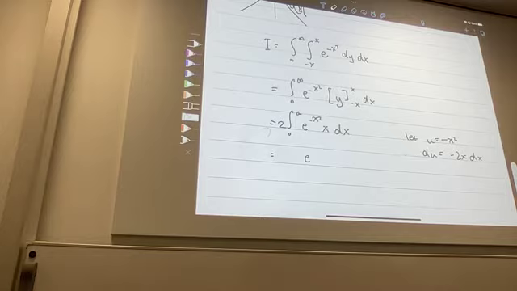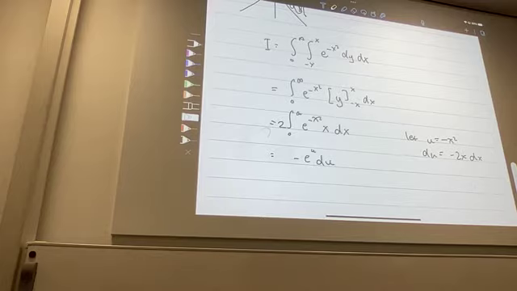Okay, but we changed the variable, so we need to change variables. It's minus e to the power u, where u equals minus x squared.